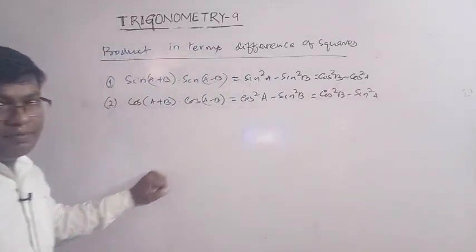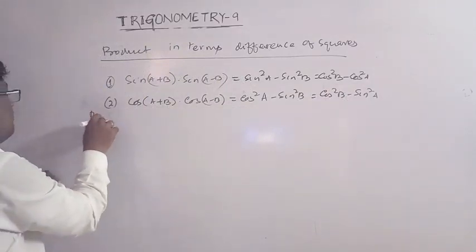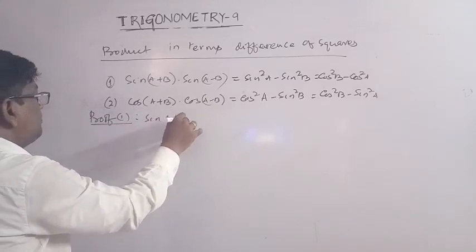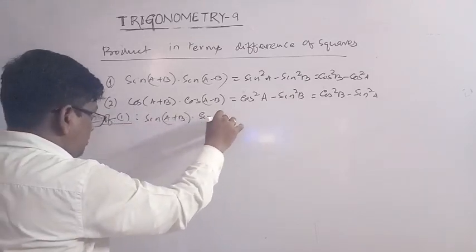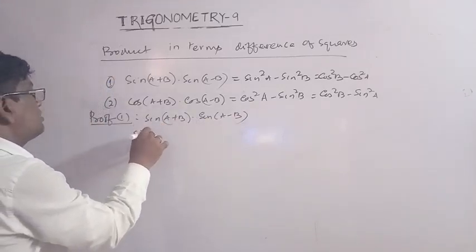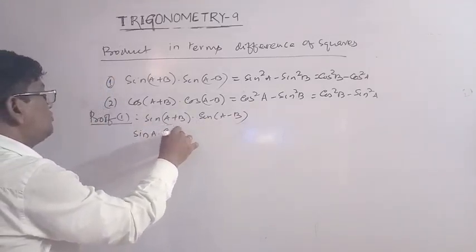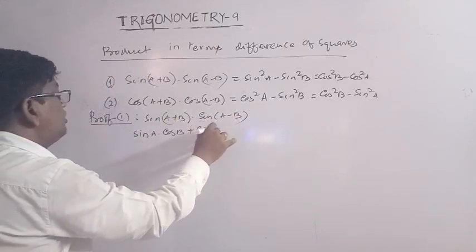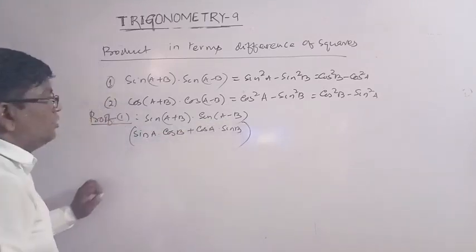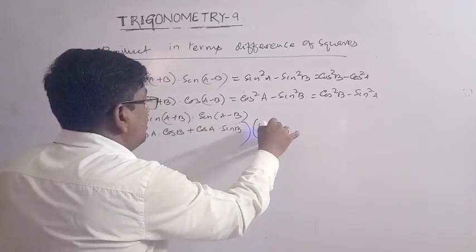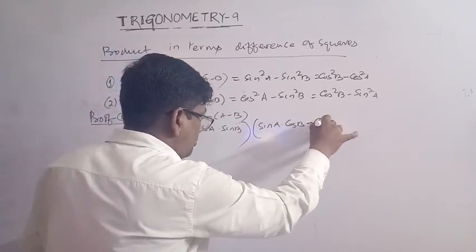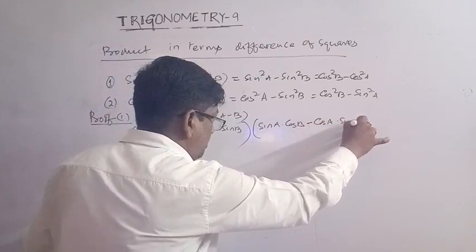Okay, and proof of the first, that is sin(A+B) into sin(A−B). Apply the sin(A+B) formula. So this is (sin A cos B plus cos A sin B) into (sin A cos B minus cos A sin B).